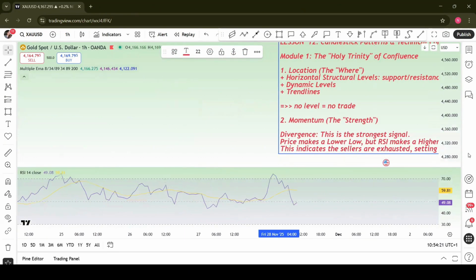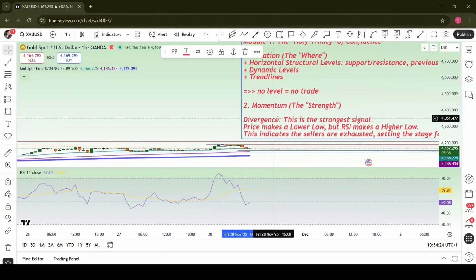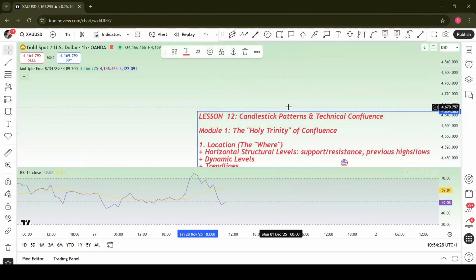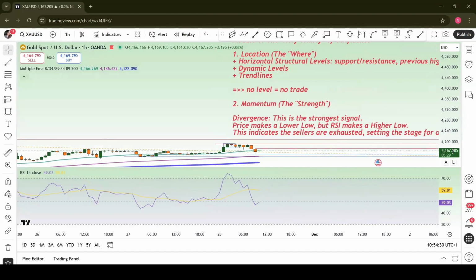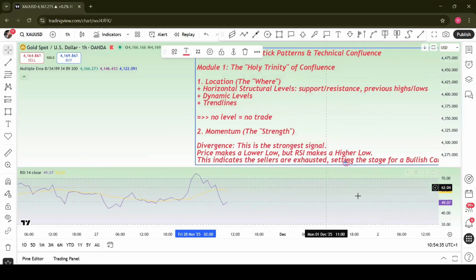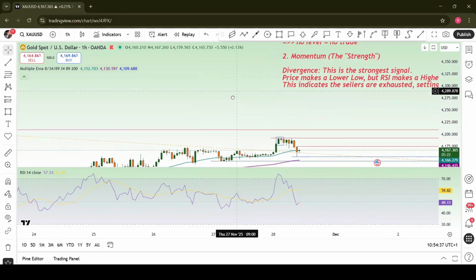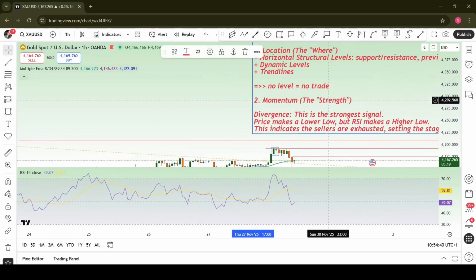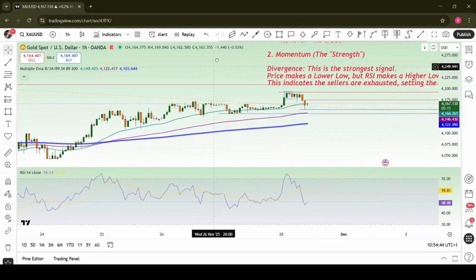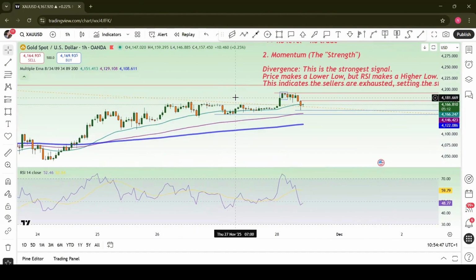Okay, it's established on your trading chart. And the current gold market does not form a bullish divergence. However, when I observed the trading chart a few days ago, I could see a bearish divergence that happened on the chart.